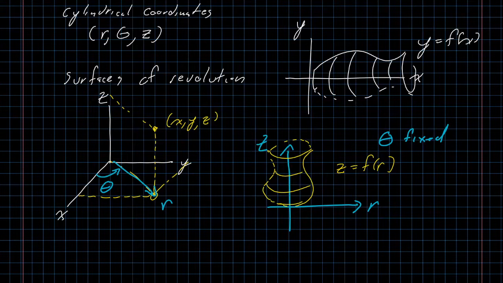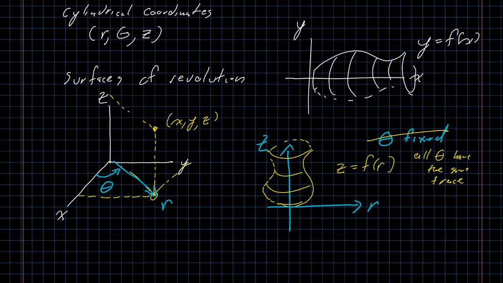And the way that we do that is, instead of saying that this is a specific fixed value of theta, we simply claim that all values of theta have the same trace. Once we've done that, we can set this up.